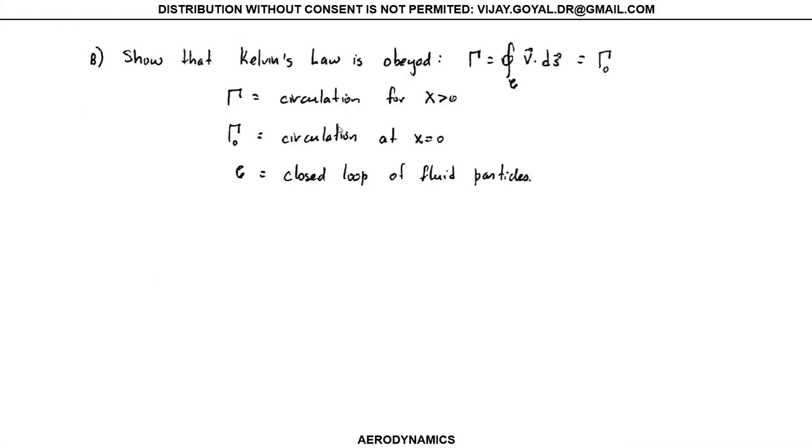So the next question is that we wanted to show that the Kelvin's law is obeyed for any circulation for x bigger than 0 and x equal to 0. And just a reminder, Kelvin's law states the following, and I'm going to rearrange this in terms of our variables.